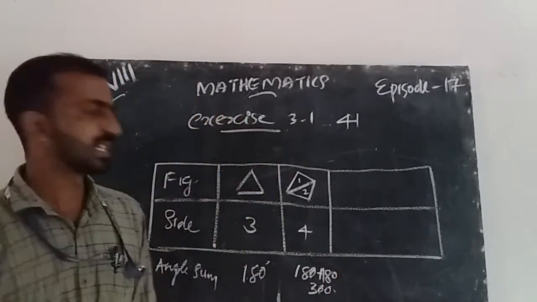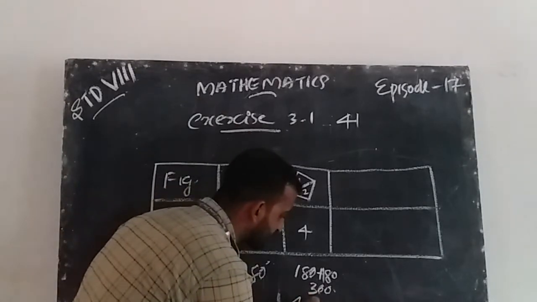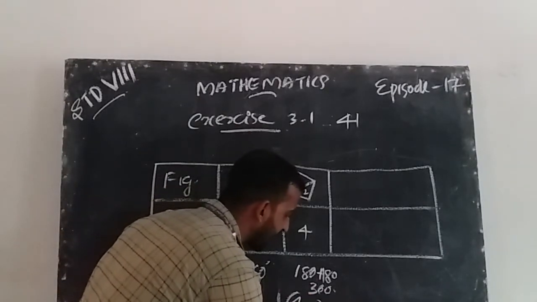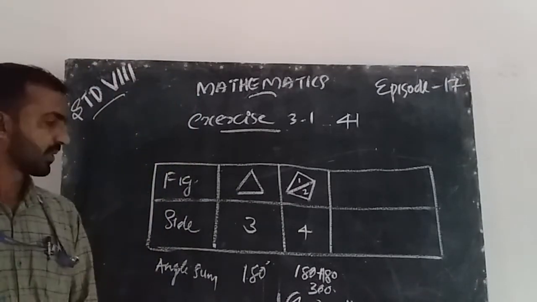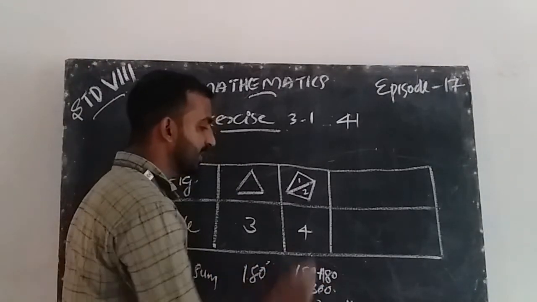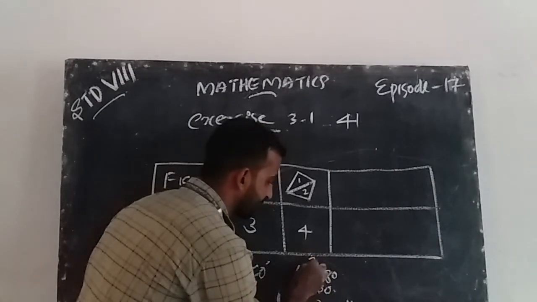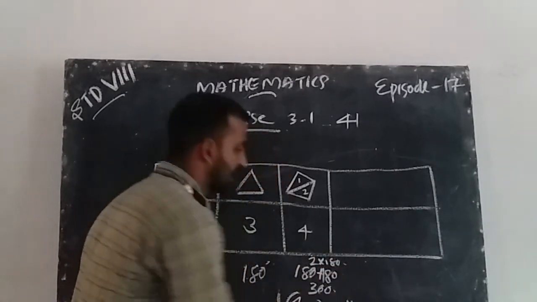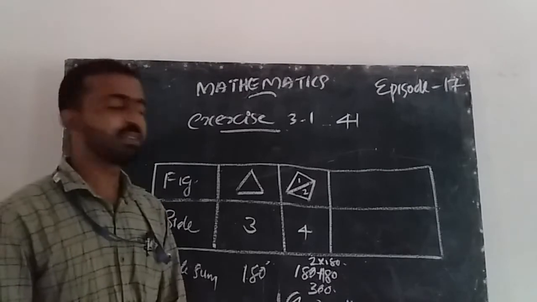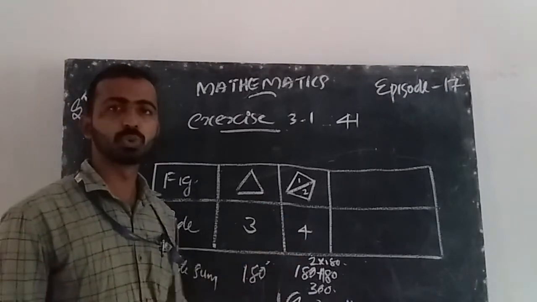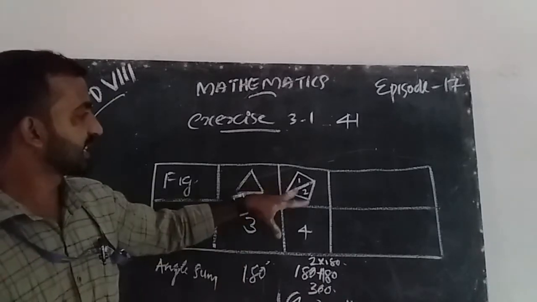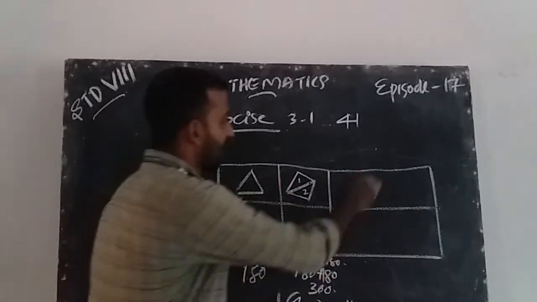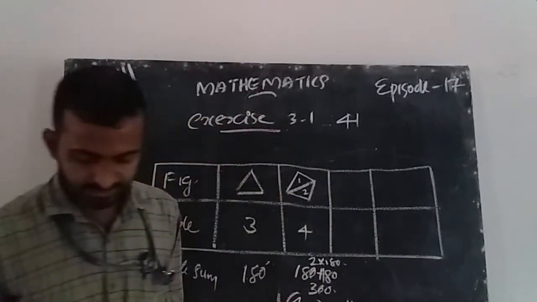Is it? That is, we can write 4 minus 2 into 180 degree. Yes. Or here 180 plus 180 means 2 into 180. Which way do we get 2? 4 minus 2. What is the number of triangles? That is 2.